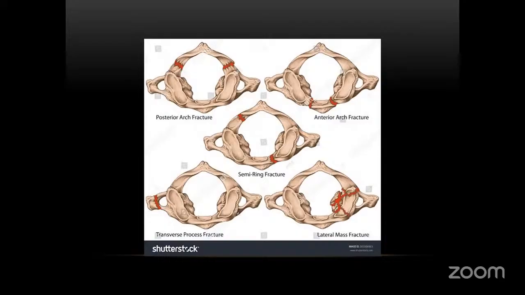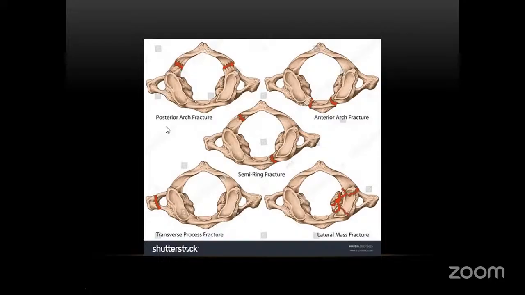Okay, what is the Jefferson 3? I didn't get that. Jefferson 3 is the classic 4-point burst fracture in which the posterior and anterior arches are fractured on both sides. So in this figure, which one is the Jefferson 3? The center one, on which your pointer was.